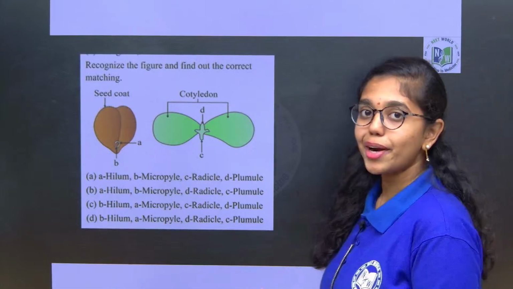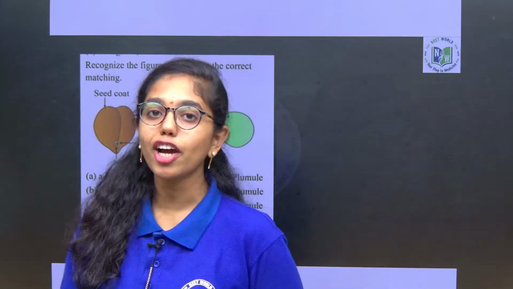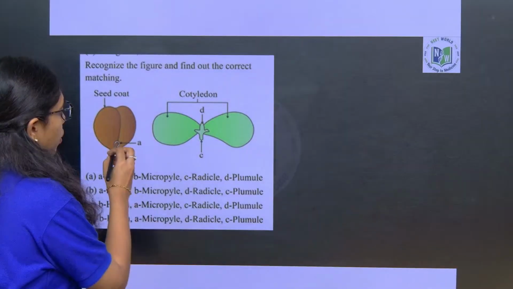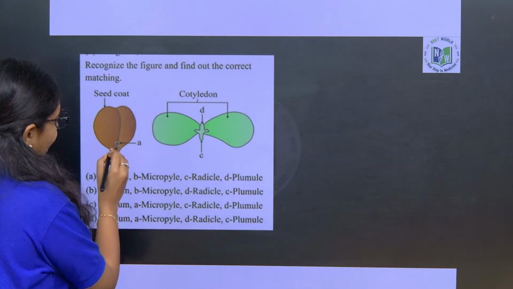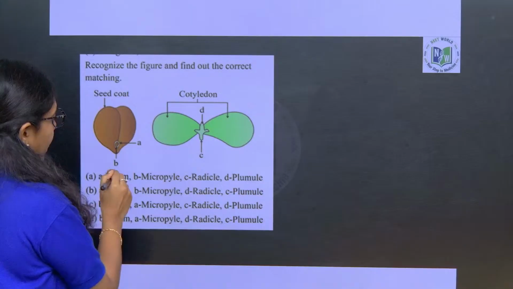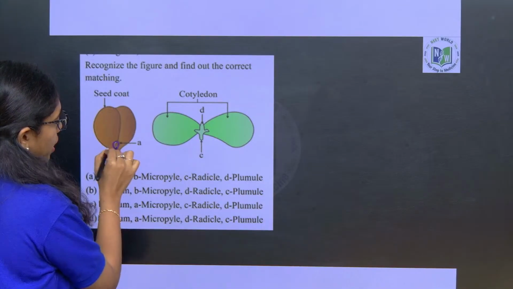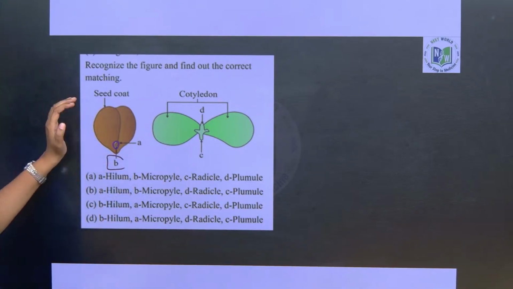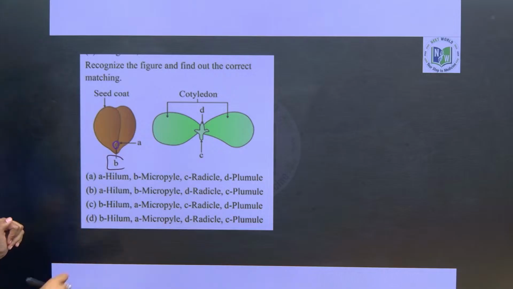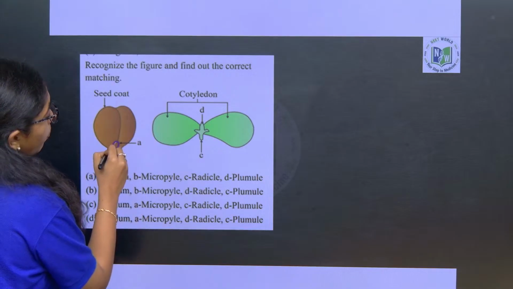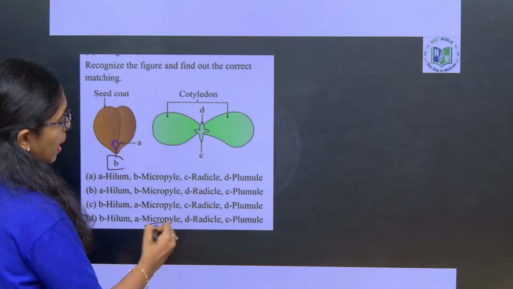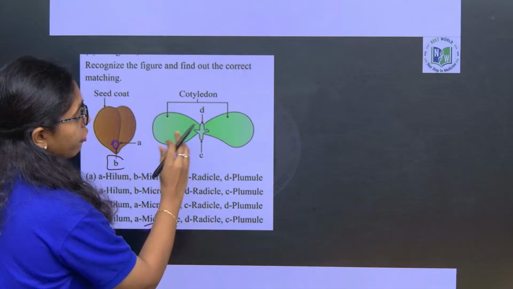Next, again from the dicot seed. In the dicot seed, the small scar-like structure is called hilum, and the small pore-like structure is the micropyle.